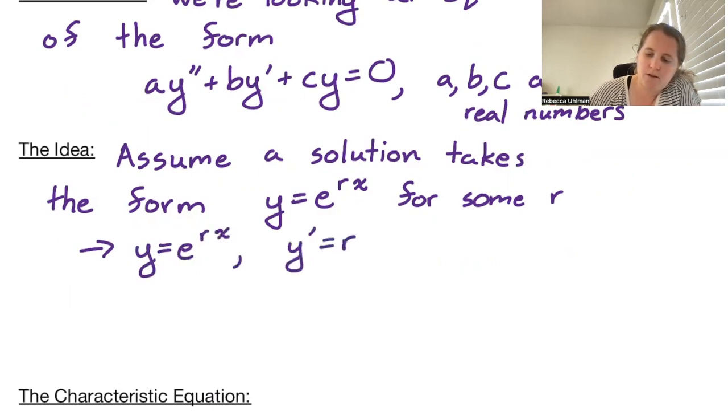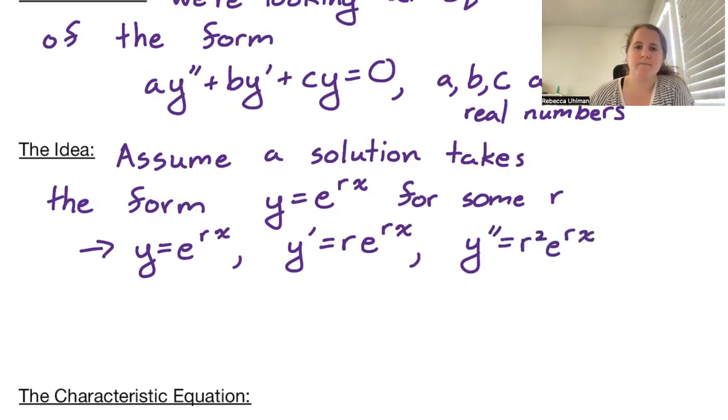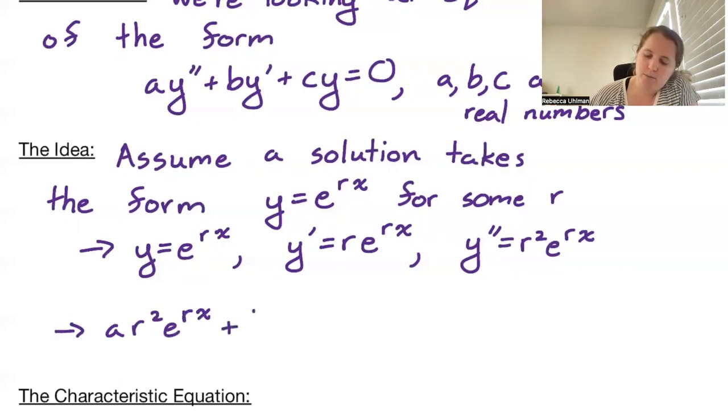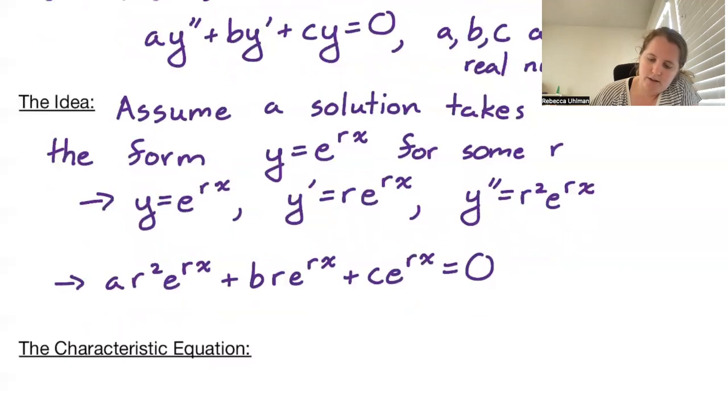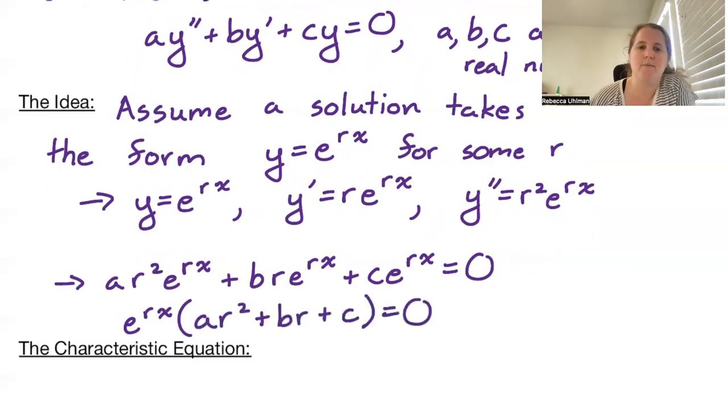Y prime is r e to the rx. And y double prime is r squared e to the rx. Plugging this in to the differential equation, we would have a r squared e to the rx, that's my a y double prime, plus b times r e to the rx, there's my b times y prime, plus c e to the rx equals 0, or e to the rx times ar squared plus br plus c is equal to 0.